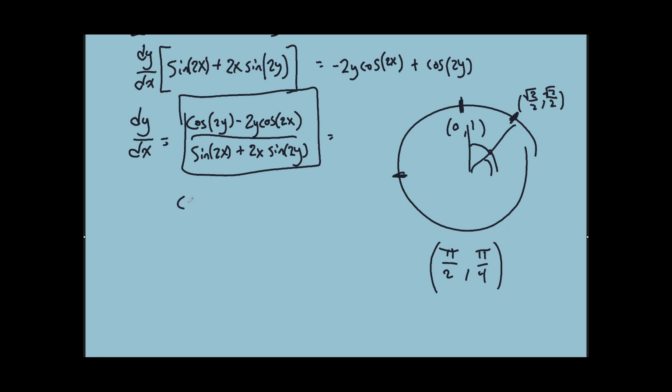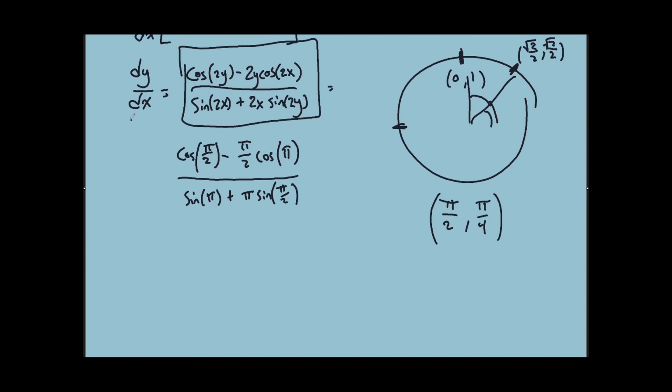So that means we want cosine of pi over 2 minus 2y. That's also pi over 2. Cosine of 2x, which is pi, divided by sine of 2x, which is pi, plus pi sine of pi over 2.